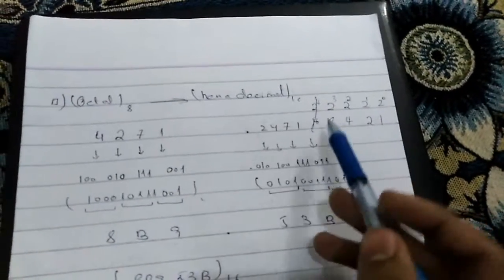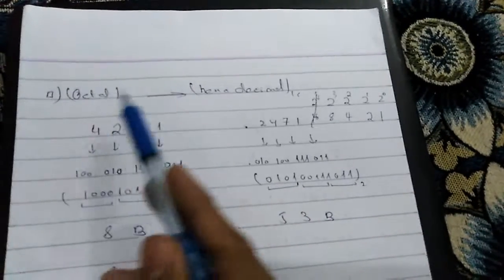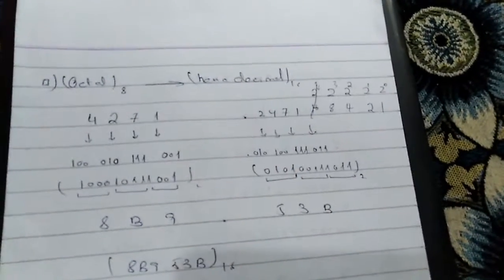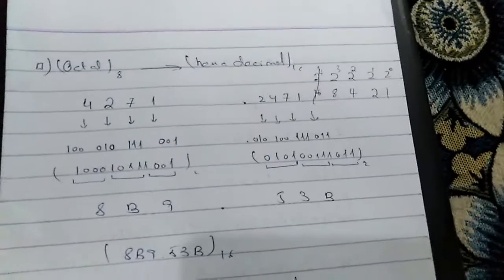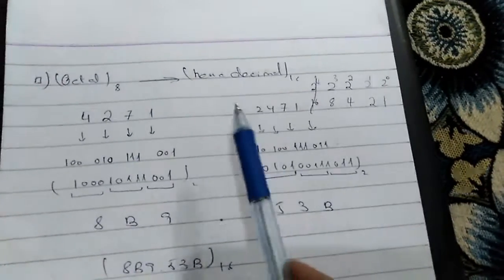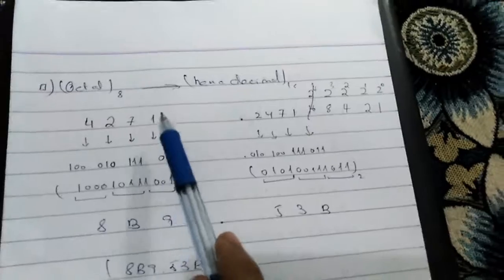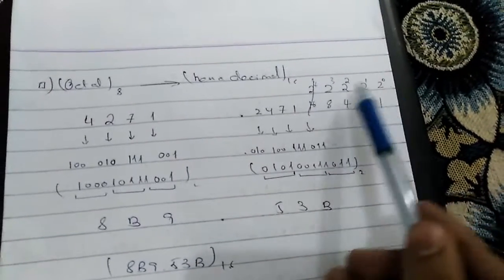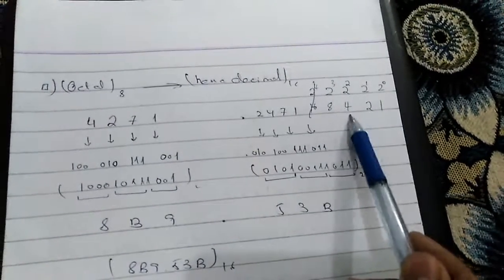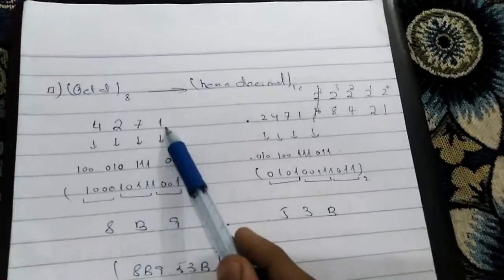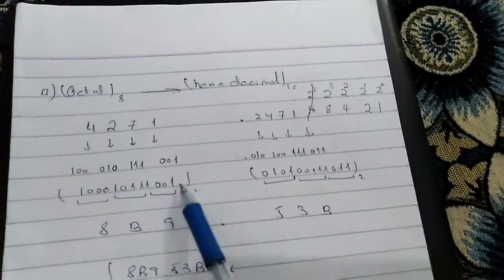So we make pairs of 4 like this. Simply convert the 1 into 0 0 0 1.